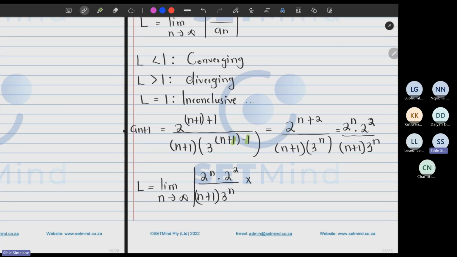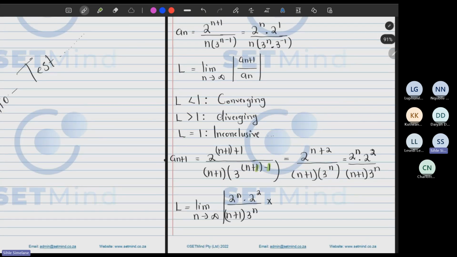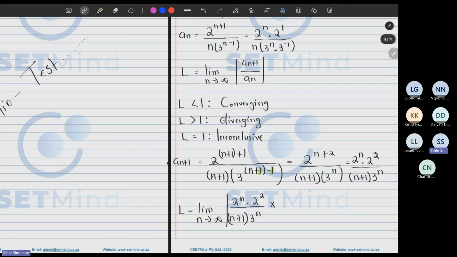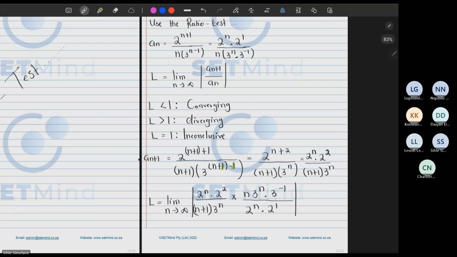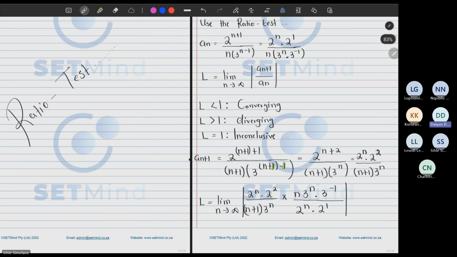Then we are dividing by a n, so I multiply but flip the numerator and the denominator: n times 3 to the n times 3 to the minus 1, divided by 2 to the n times 2 to the 1. Do you still understand what I did? Yes, sir, I understand.